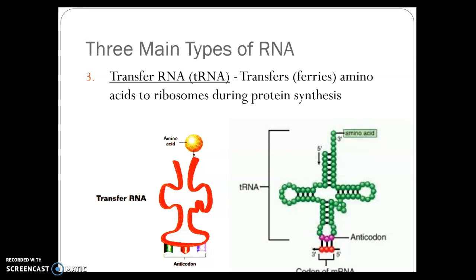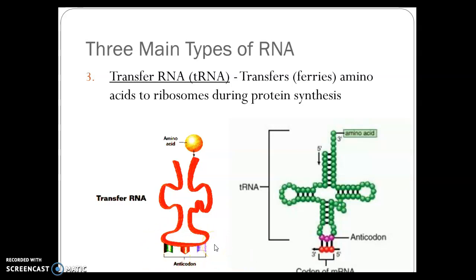And like we learned in the last section, what's a strand of amino acids? It's a protein. So you need those amino acids from the tRNA to produce it. And we talked a little bit about this in the protein section too. These right here, this is called an anticodon.